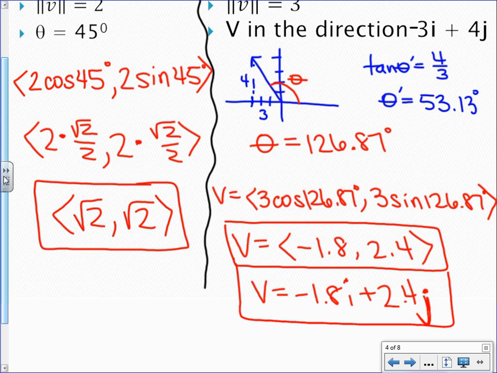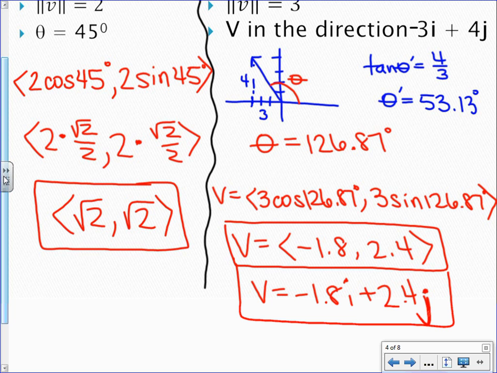All right. Is there another way we could have done this? Probably. Your book might have these as fractions.